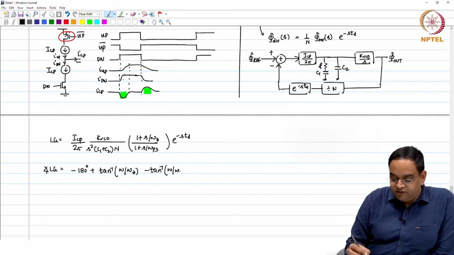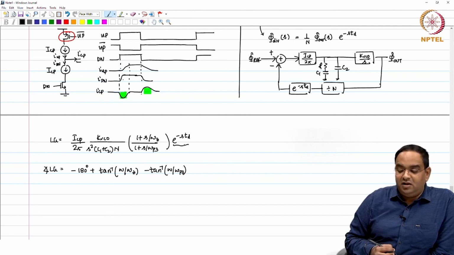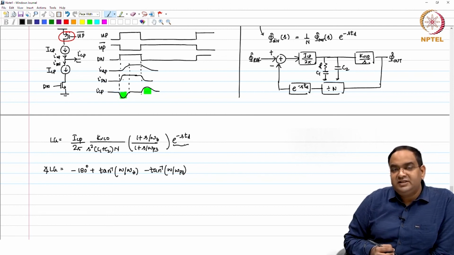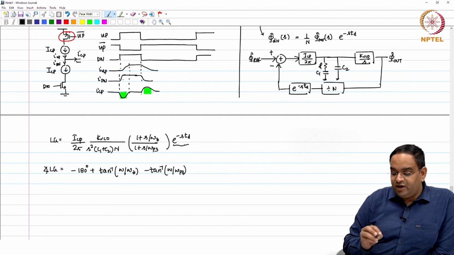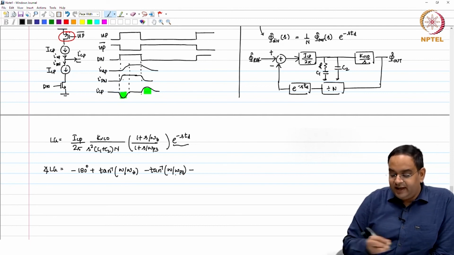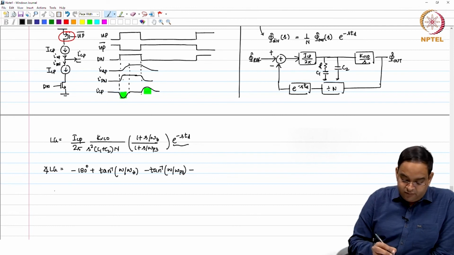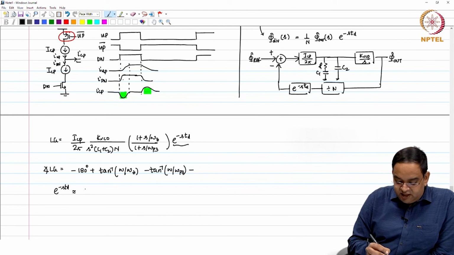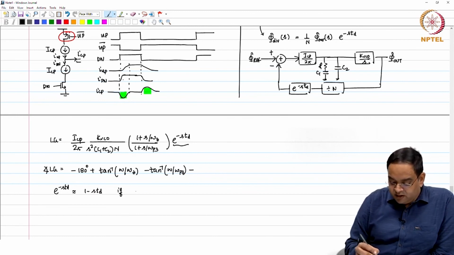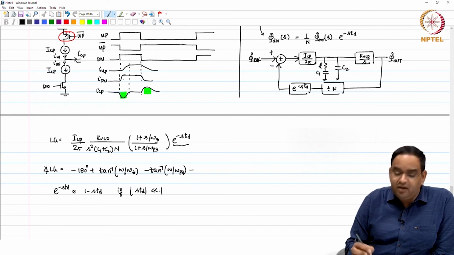Now, what happens to the phase corresponding to e power minus s t d? Well, you can directly take it into account by substituting j omega, or you can do a little approximation, and that approximation is e power minus s t d is approximately equal to 1 minus s t d if the magnitude of s t d is much less than 1.